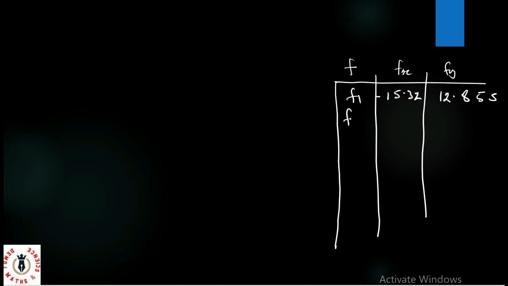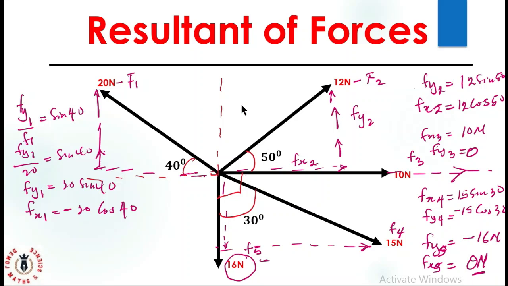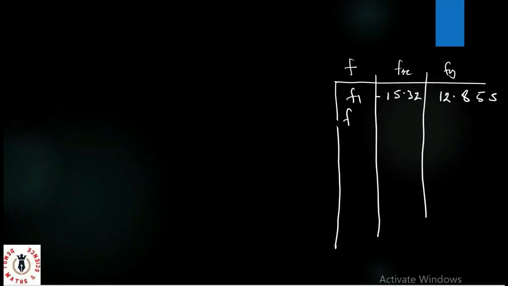Then F2. For F2, we have F2y, which is 12 sine 50, and F2x, which is 12 cos 50. We can pick them individually.